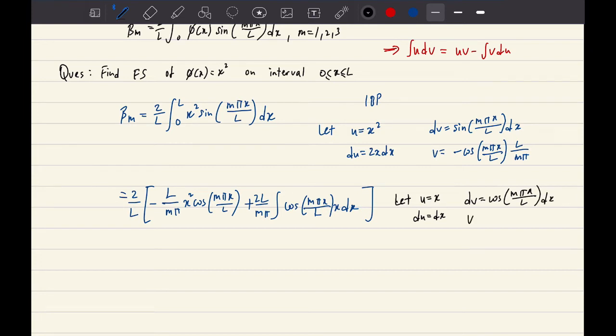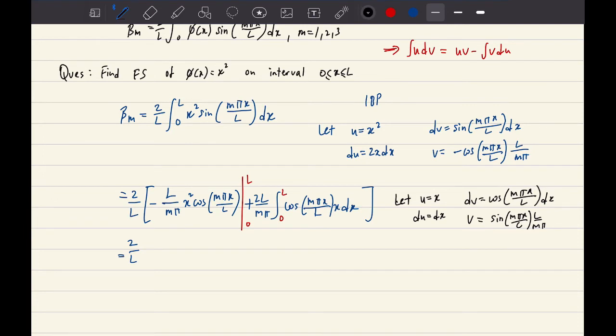Integrating both sides, we get v equal to sine of m pi x over L times L on m pi. We're almost done, a little bit more. And I forgot this, we are integrating from 0 to L, as well as this one.